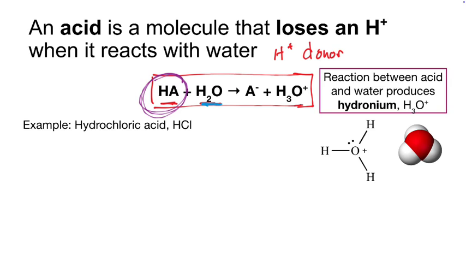So if I look at HA, it has a 0 charge. And if it gets rid of a hydrogen, what charge should it become? We've got to be a little bit careful because I phrased that question in a bit rude of a fashion. If I have HA and I lose a hydrogen, what charge should it become?